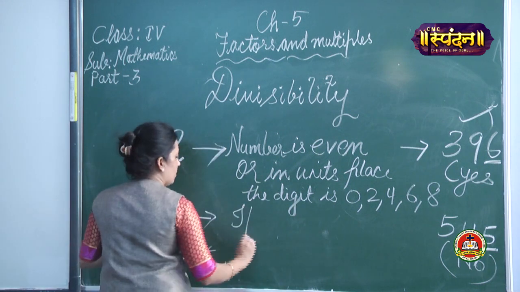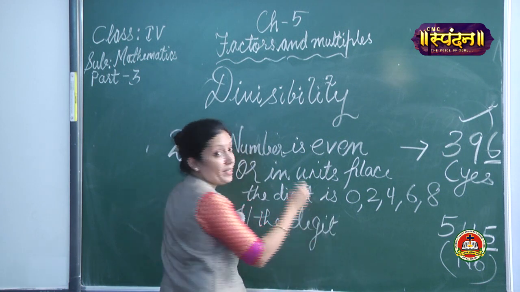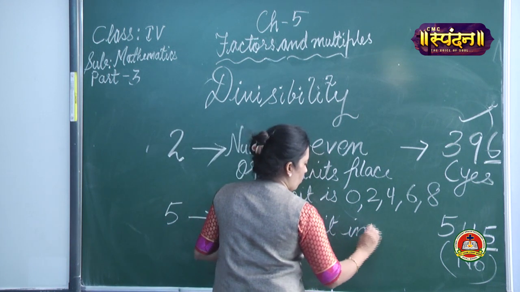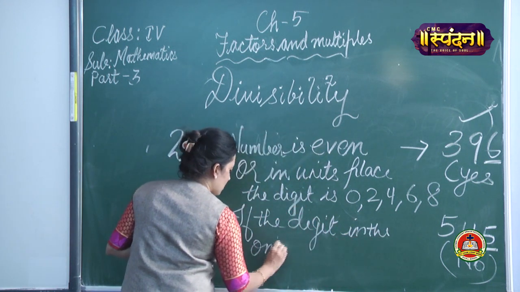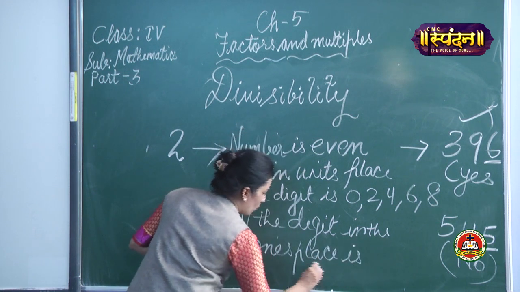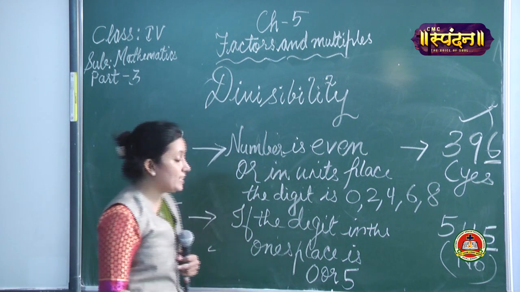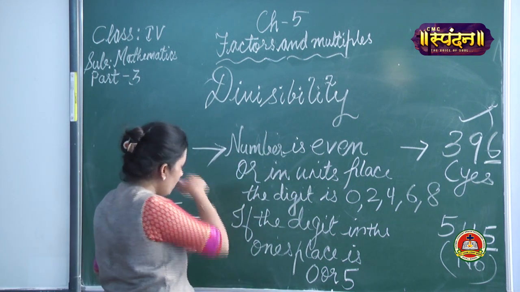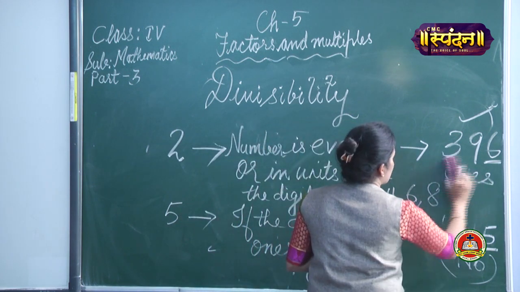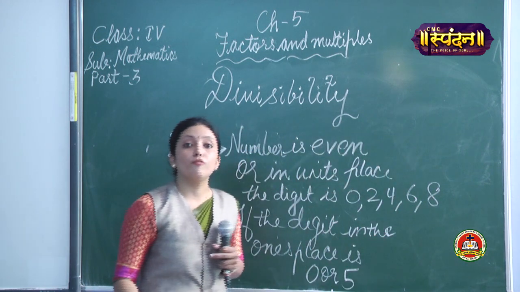If the digit in the unit or ones place, both are correct, children, is 0 or 5, then it means that particular number is divisible by 5.